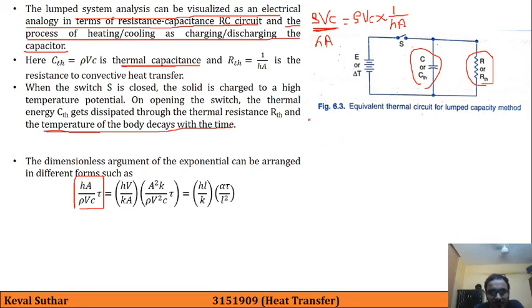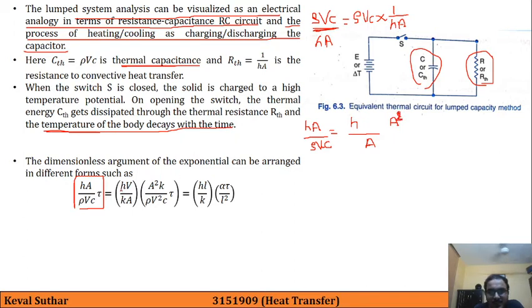Let me put it over here, that HA upon rho Vc is equal to, let us say, here we are keeping H as it is, here A is as it is, so we are putting an additional A over here, and here we are squaring it.